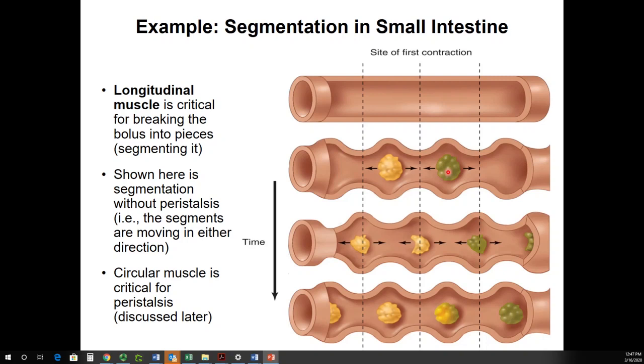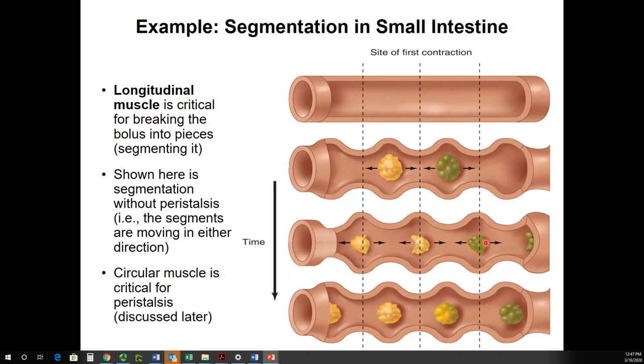So I guess the question then is, what makes food go in the correct direction, to be defecated? And that's going to require not just this mixing motion; it's also going to require peristalsis. And it's not just circular muscle that's used in peristalsis, but circular muscle is critical there.